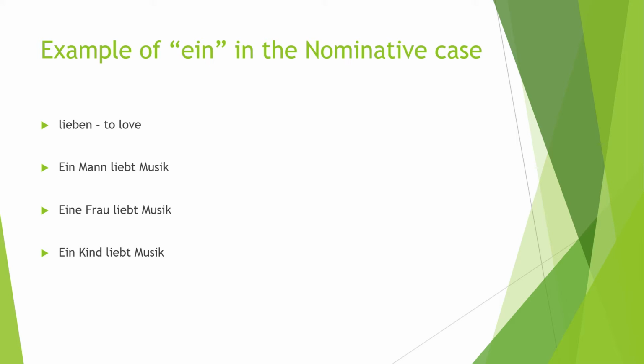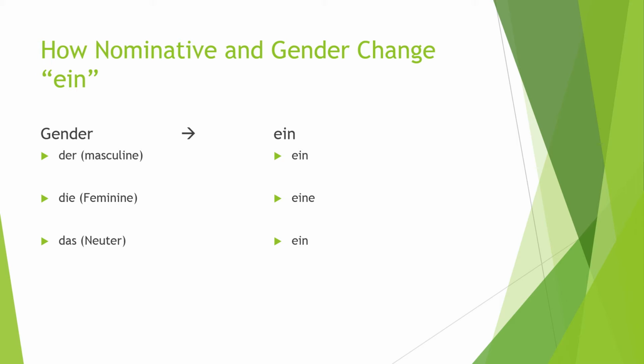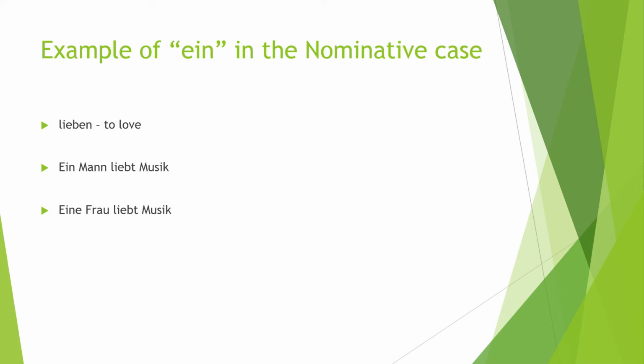A child is das Kind auf Deutsch. So, we see that das, neuter, does not change ein at all. So there's no e at the end of that one. There's no e at the end of ein whenever it's masculine as well. So here are the examples. Now, that's about it. That's the nominative case.